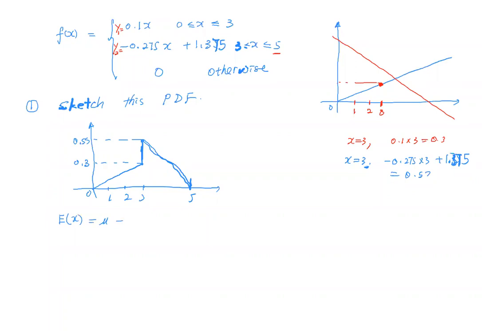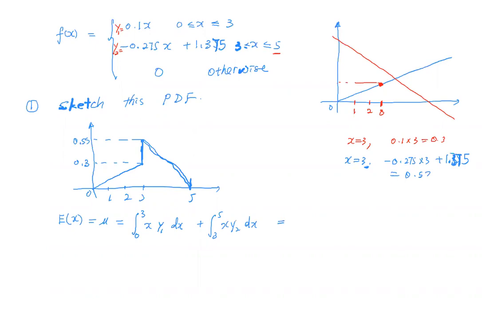So I have to write the formula: integrate from 0 to 3 x times y1 dx. In the question itself, you denote what is your y1, what is your y2, so over here you don't have to repeat. Plus 3 to 5 x y2 dx. Then you get the answer.